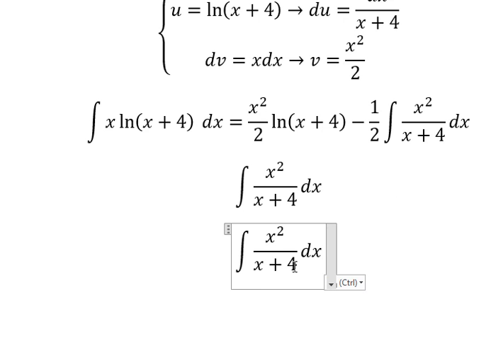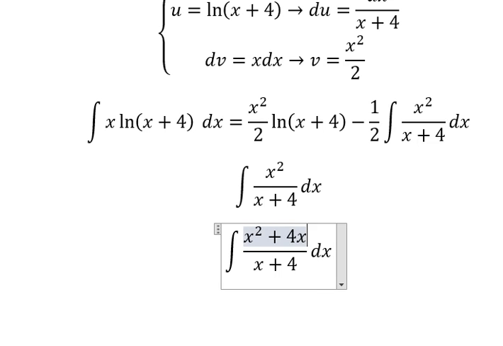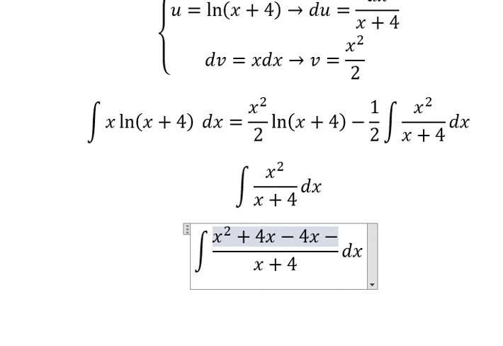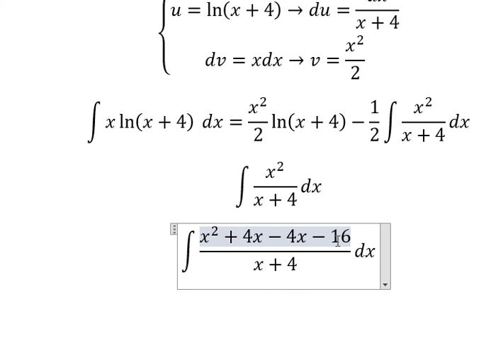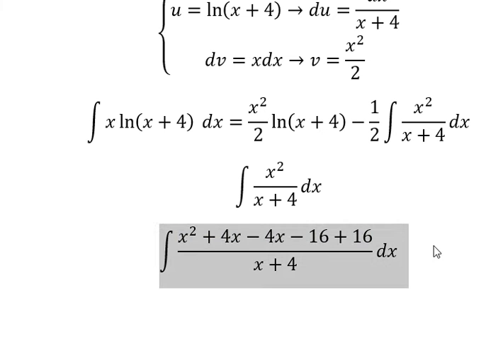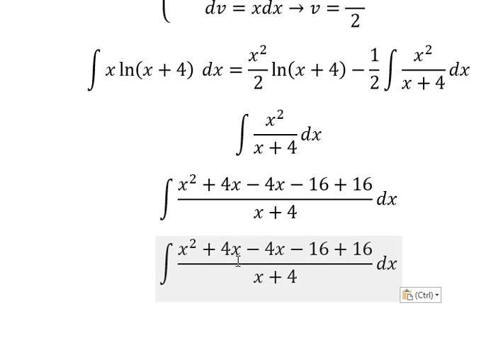So we need to create the factor divided by x plus 4. So I need to add 4x. Later we need to subtract 4x. Then we need to subtract the number 16. Later we need to add the number 16. So x and x we can do factorization.